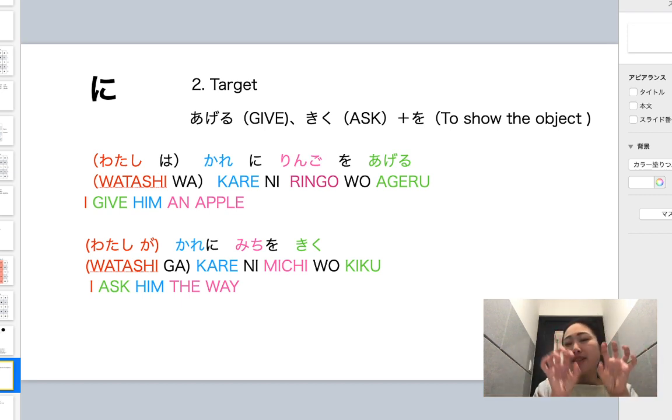But the objects are placed maybe the same. 彼にリンゴ, him an apple. 彼に道, him the way. So it's exactly the same. But you need to put some supportive word like ni or o. And this word will help you tell exactly what you want to say, and also help others understand what you want to say. And the conversation in Japanese goes really well.